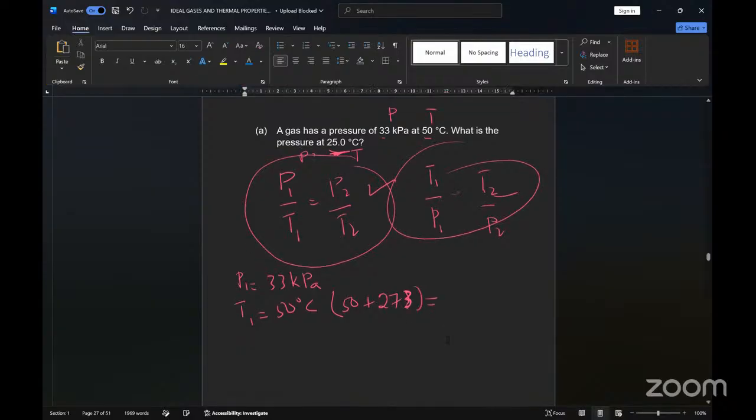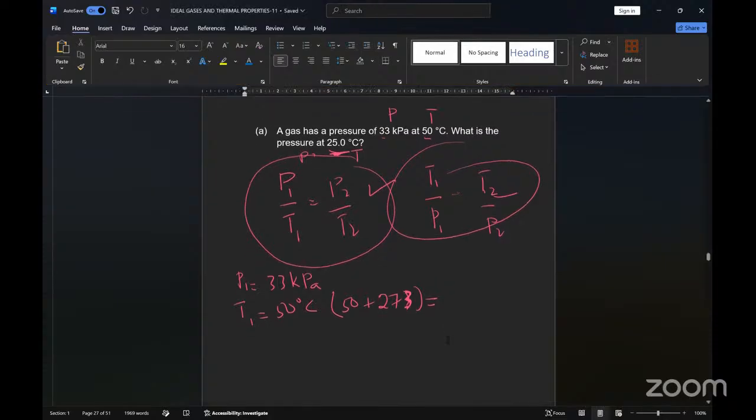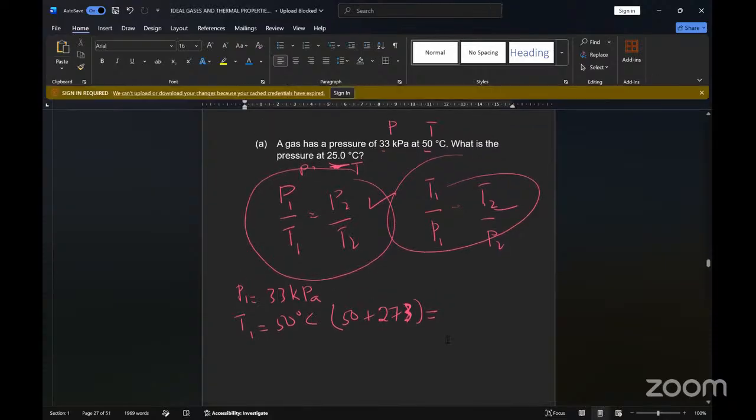And then you're going to have 273 plus 50. That gives you, according to my calculator, 323 Kelvin. Then we come to P2. That is what we are supposed to find. It's unknown.